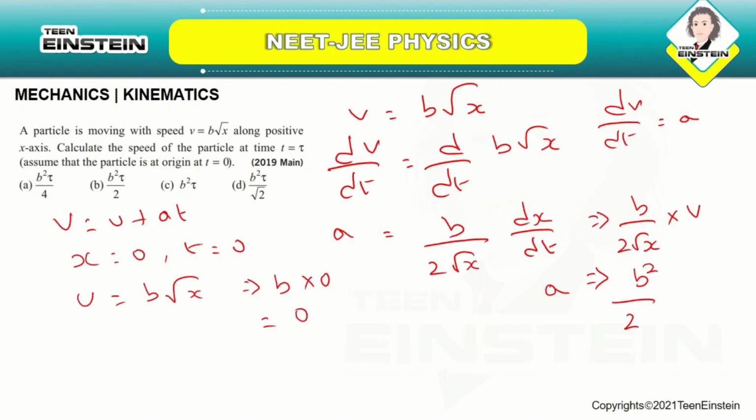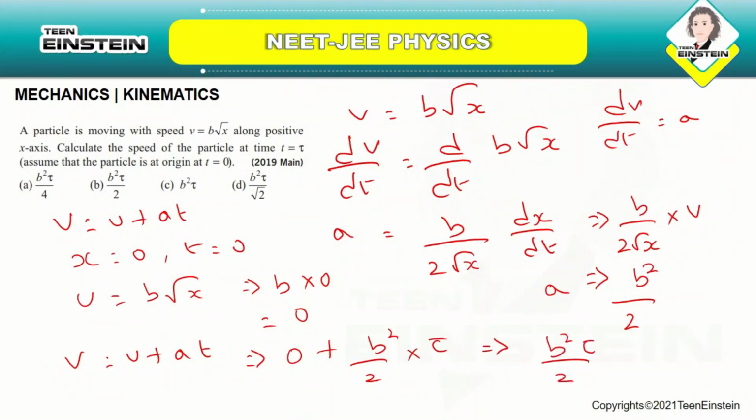When time is equal to tau, the speed of the particle is given by v is equal to u plus at. So here u is 0 plus a, which is b square by 2, into tau, so you will be getting the velocity as b square tau by 2. The speed of the particle is b square tau by 2. Option number B is the correct answer.